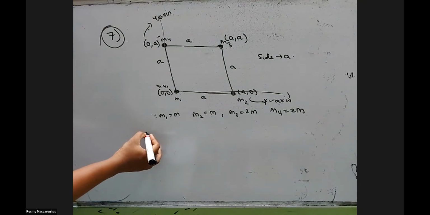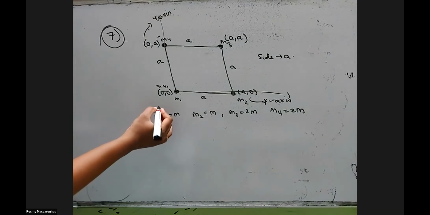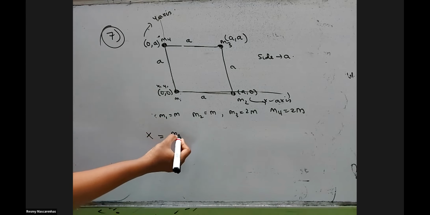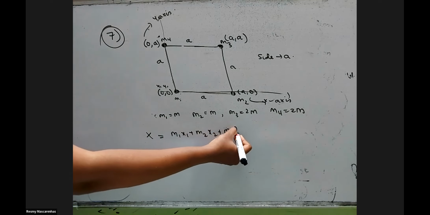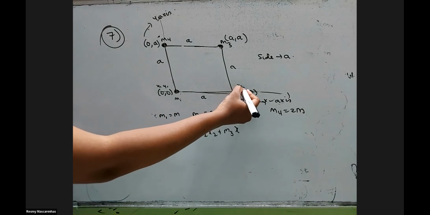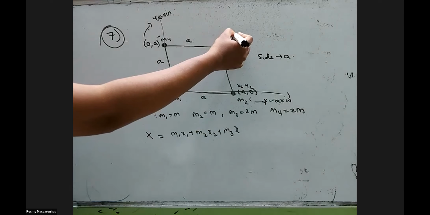So center of mass means we have to calculate x-axis as well as y-axis. So for x part, m1, x1. So this is x2, y2, x3, y3.